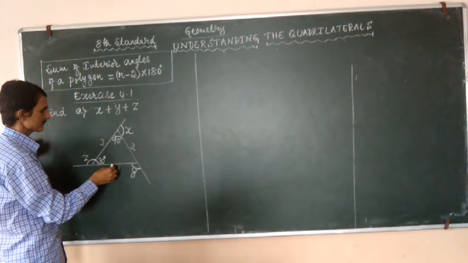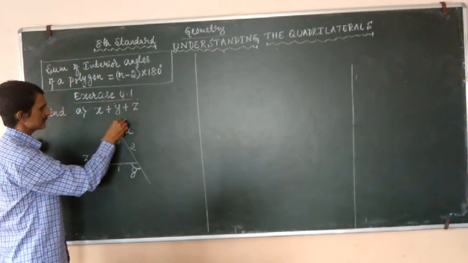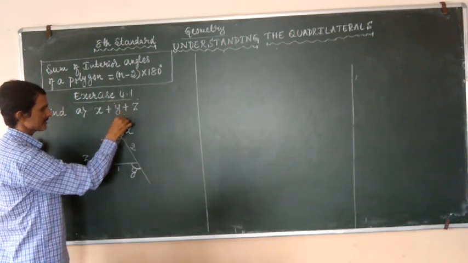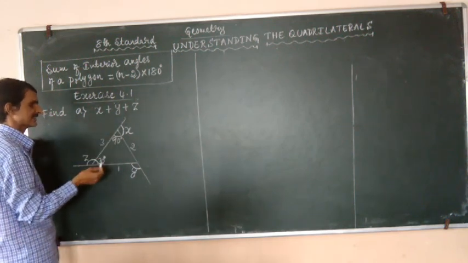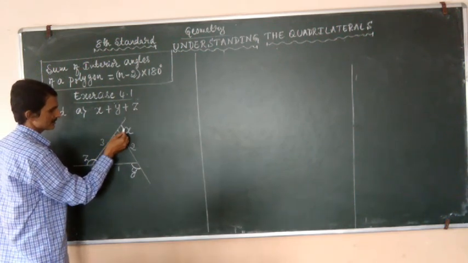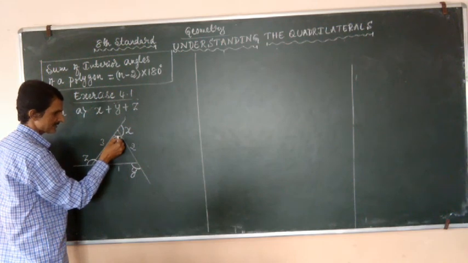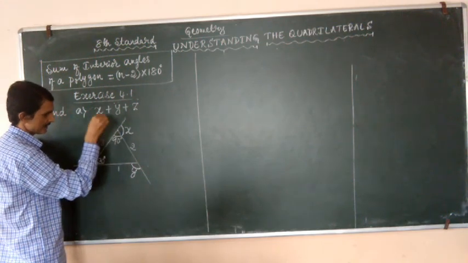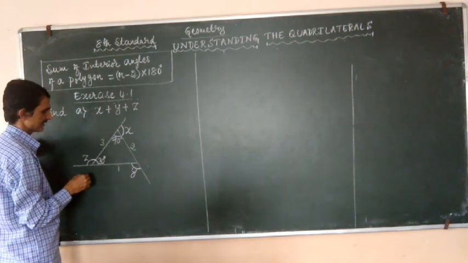Each side of the given triangle is extended. Therefore, these two are a linear pair, which means the sum of these two angles will be equal to 180 degrees.